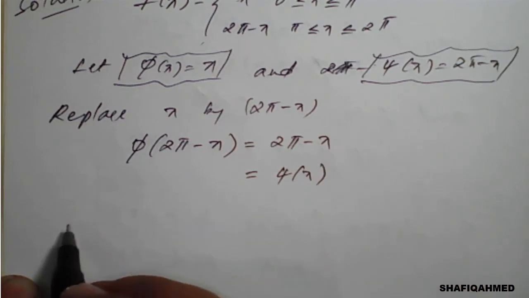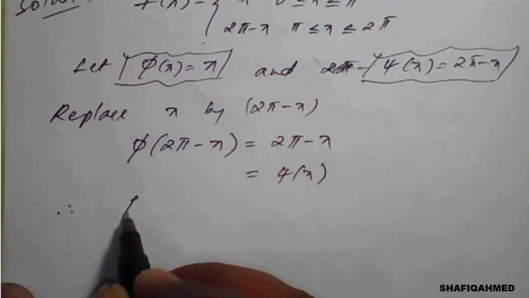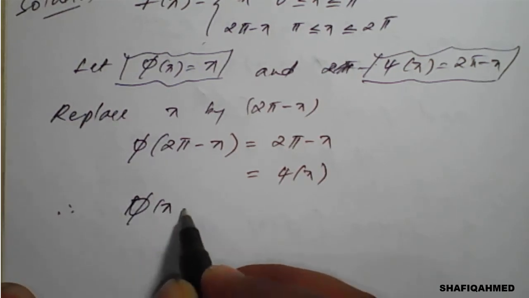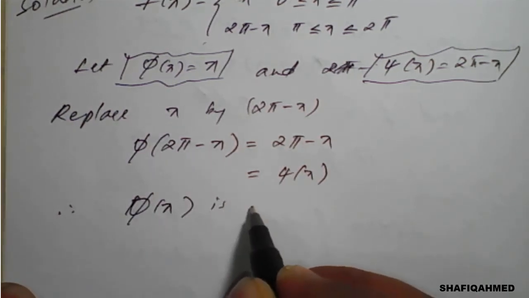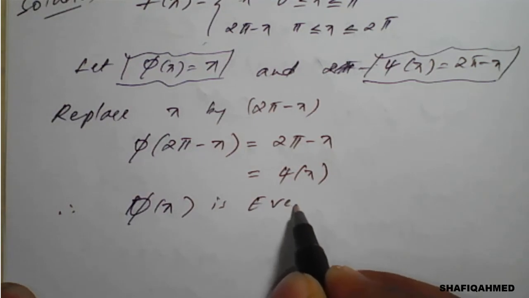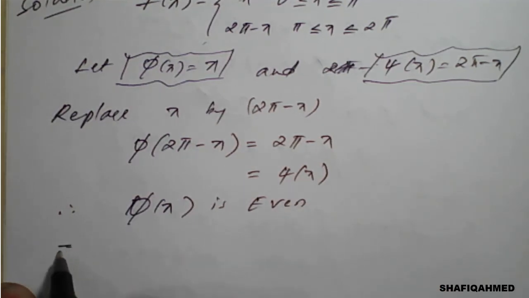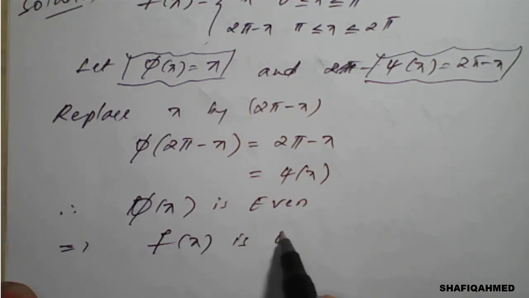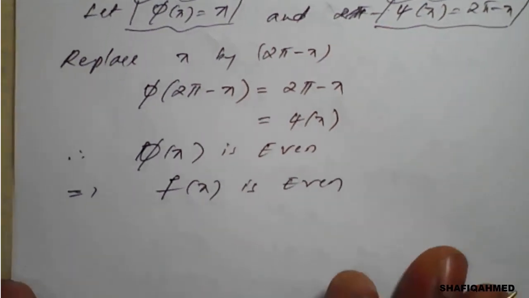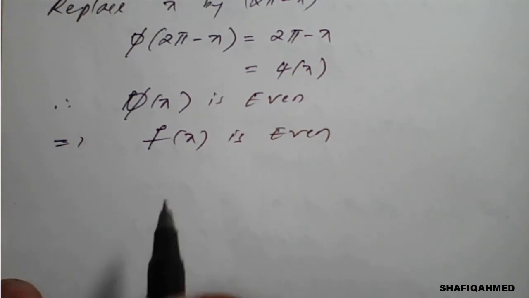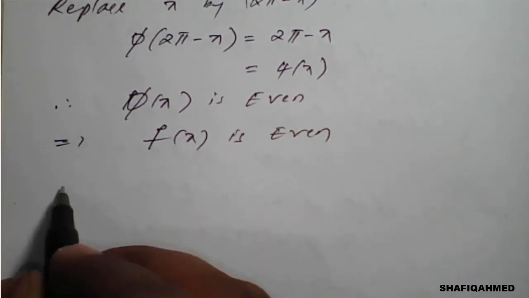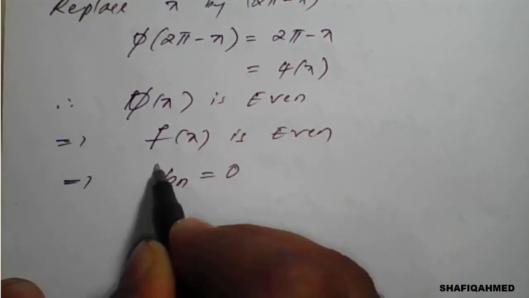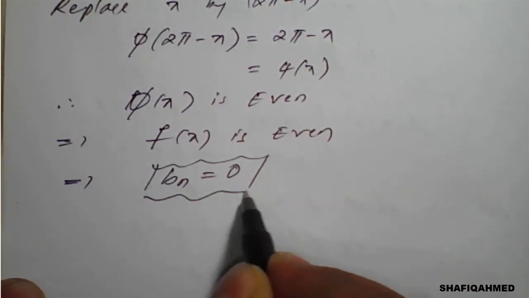So therefore phi of x is even, which implies f of x is even. If it is even, the condition for Fourier series is that the Fourier coefficient Bn will become 0.